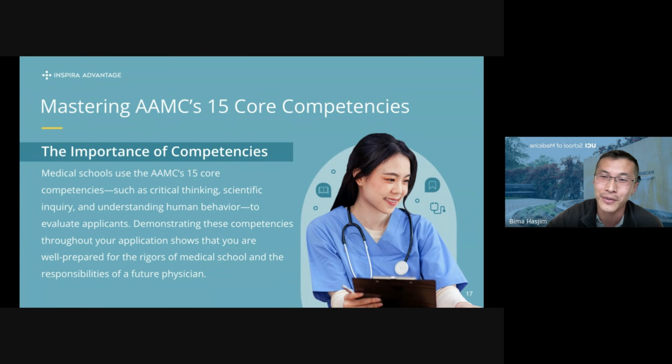One thing that can help you brainstorm experiences that may fulfill these core competencies is talking about your path with close friends or people whose advice you trust, your parents, etc., because I'm sure if you made it up to this point, they'll be able to pull out the threads of what makes you special and why they think you can succeed in medical school.